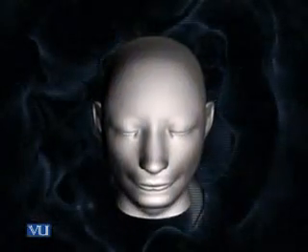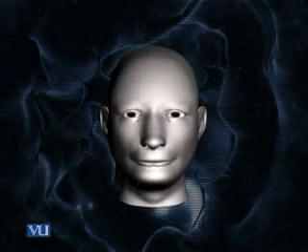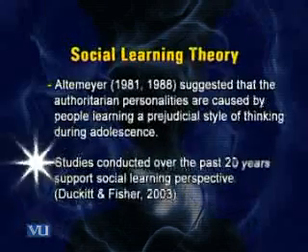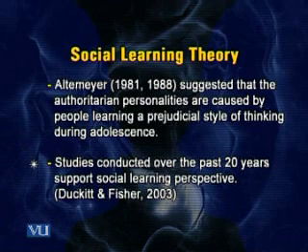So later researchers also agreed that we could learn authoritarian kind of behavior in our adolescence. Studies conducted over the past 20 years have supported the social learning perspective, and one of the studies was conducted by Duckett and Fisher in 2003.